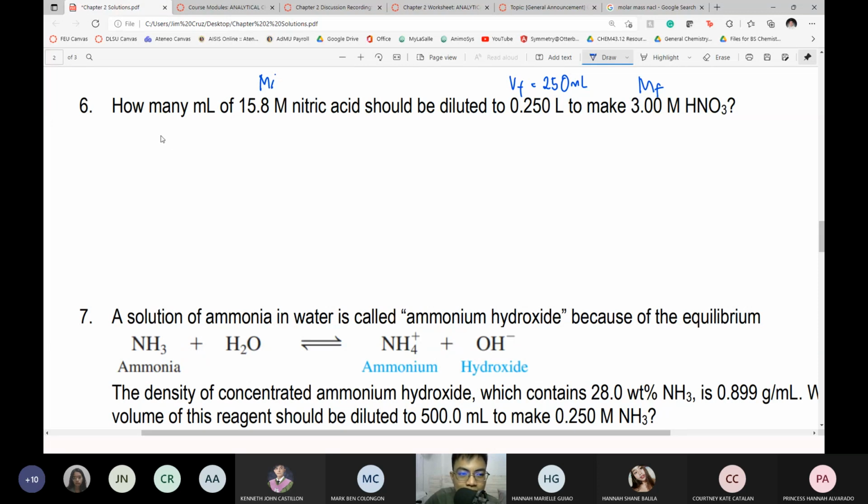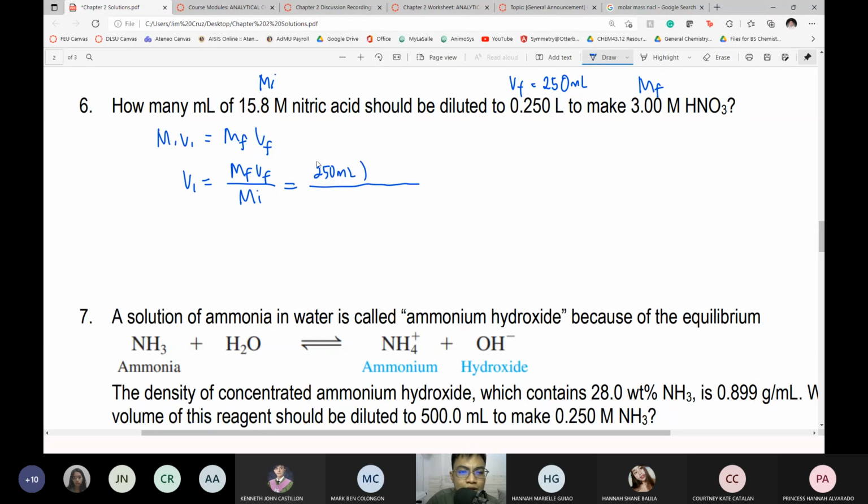So, ganito magsagot ha. So, MI VI equals MF VF. So again, we are looking for the volume of the initial concentration. So that's VI equals MF VF divided by MI. So final volume 250 ml.